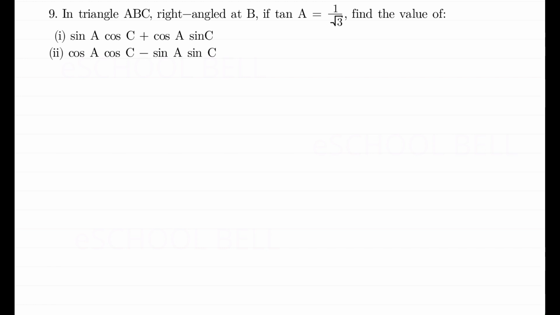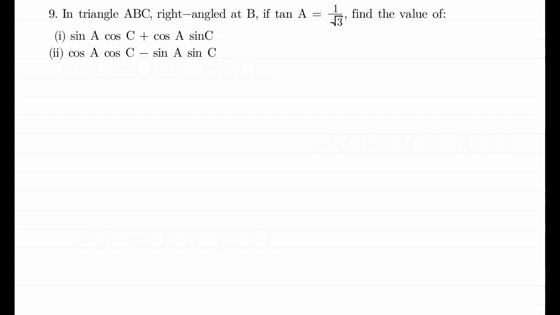Very simple problem. We will solve this using the Pythagoras theorem. First, we will draw a triangle and label it ABC, right angled at B, so angle B will be 90 degrees and tan A is 1 by root 3. Then we will substitute the values for tan A in the opposite and adjacent sides, and find the third side, which will be the hypotenuse.